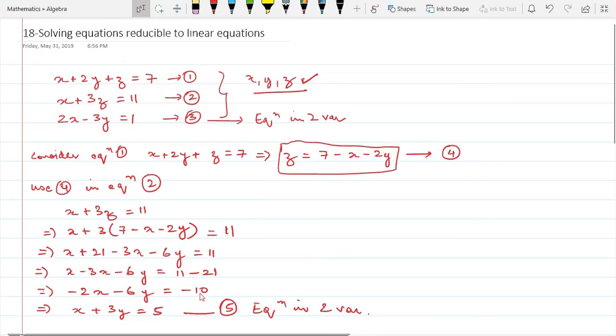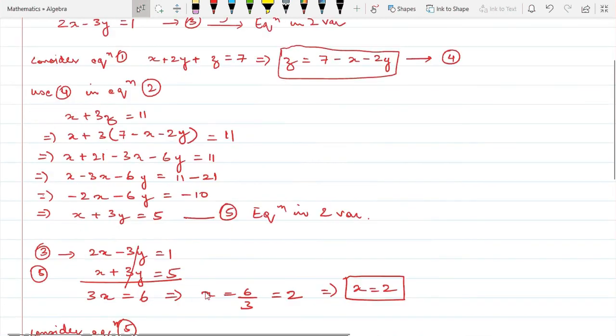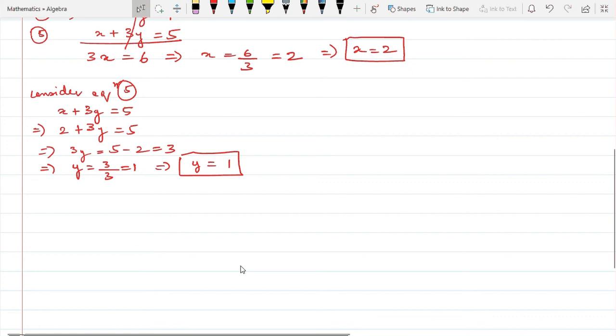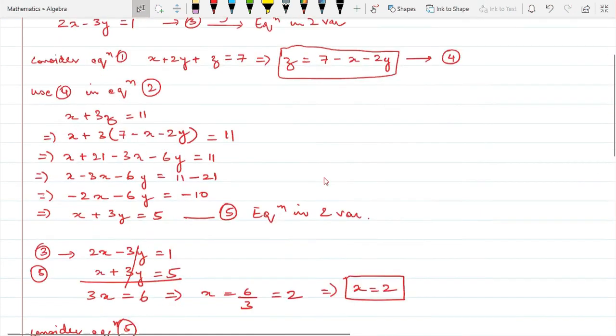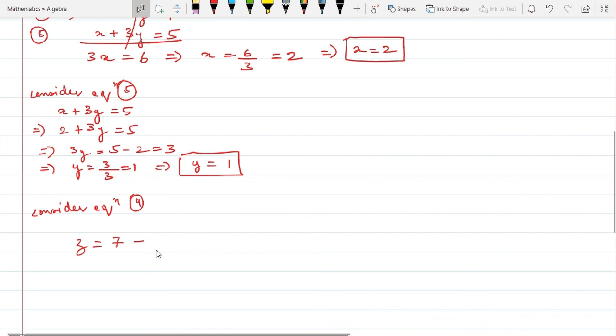Now what is my expression in z? Using equation 4, what is equation 4? z is equal to 7 minus x minus 2y.